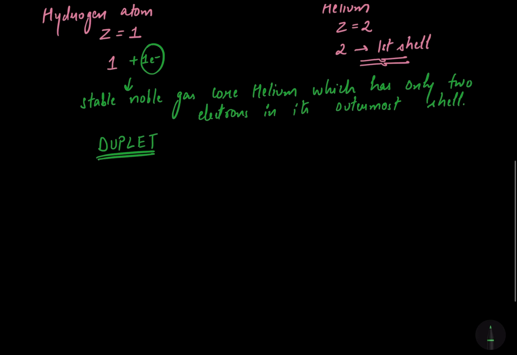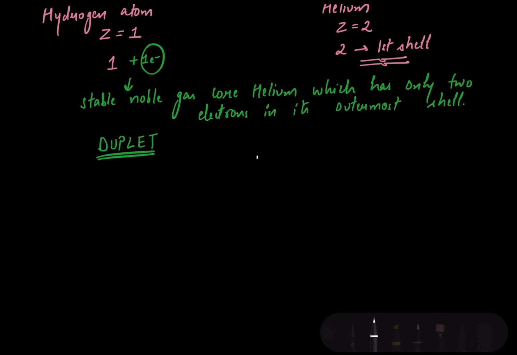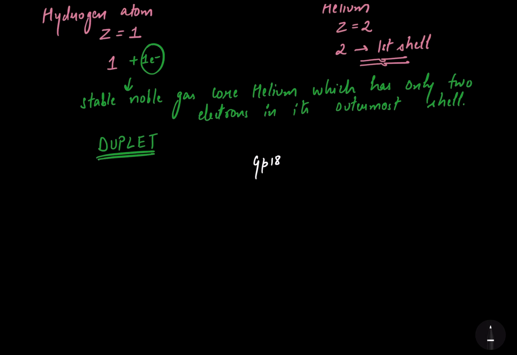Now let us discuss about the group number 18, the noble gases. Group number 18, the noble gases are helium, neon, argon, krypton, xenon, radon, and the oganesson.